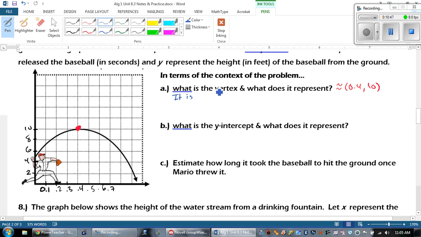It is the maximum height of the ball, which we said was 10 feet, after 0.4 seconds from its release.